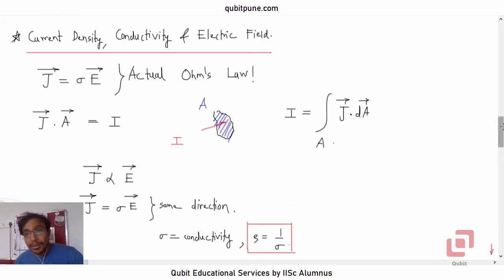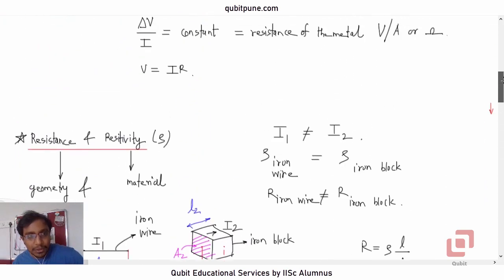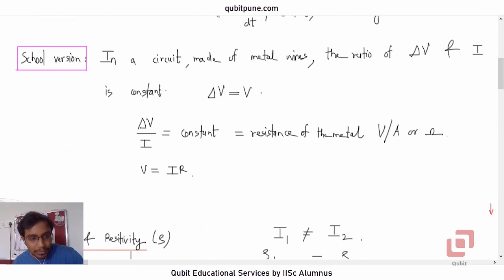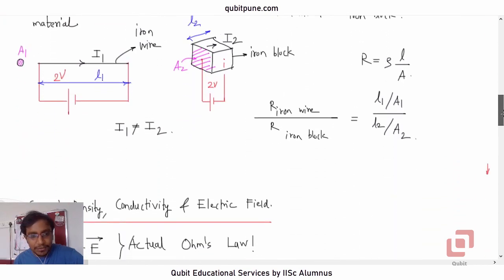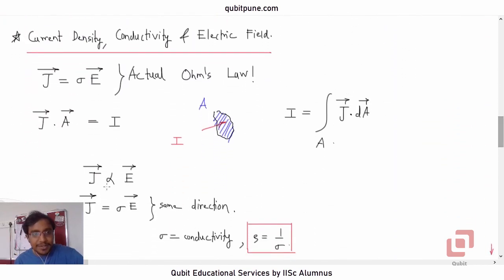So you may write Ohm's law as V equal to IR. That's the school version. That's right. But you can also arrive at a more general version of Ohm's law. That's the college version, and that is J bar equal to sigma E bar, where J bar is the current density whose integral taken over an area through which the current is flowing is the current. So current has now been defined as a surface integral. J bar is a vector quantity, current is a scalar quantity.